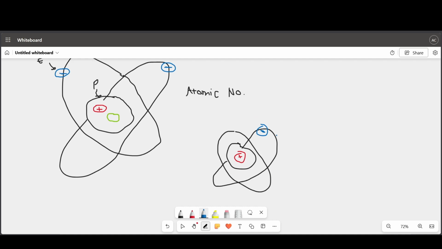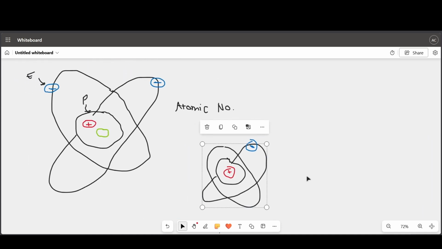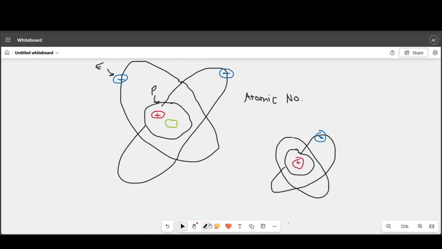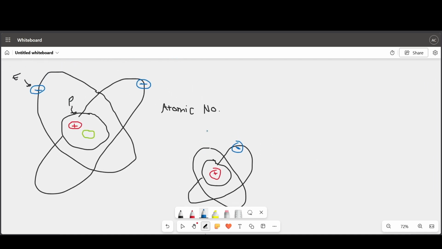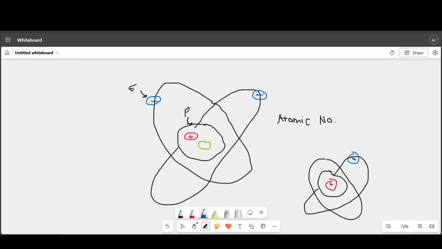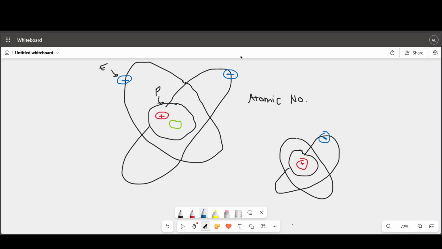Furthermore, there are also theories surrounding the path wherein these electrons travel. And the very first, and this is just historical fact, the very first theory was proposed by the physicist Niels Bohr.